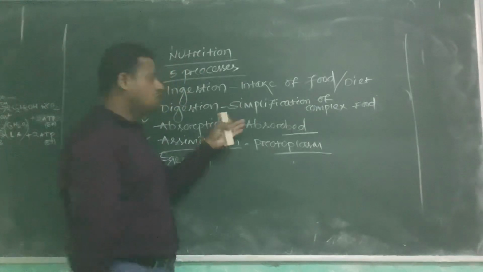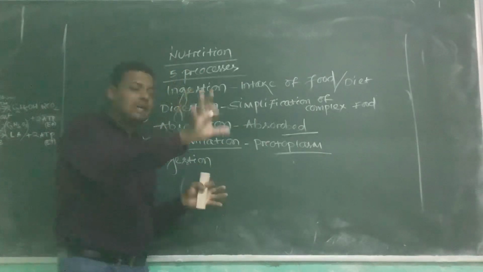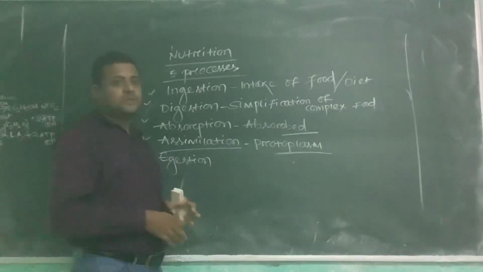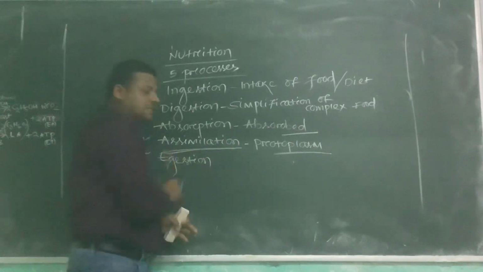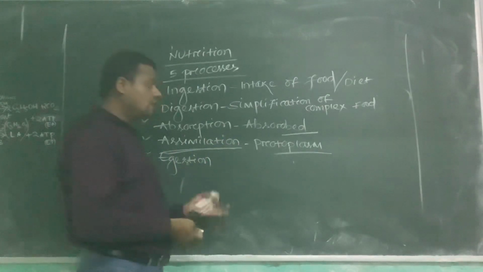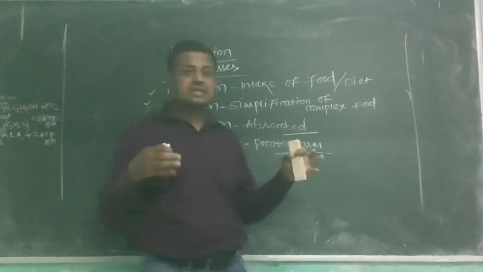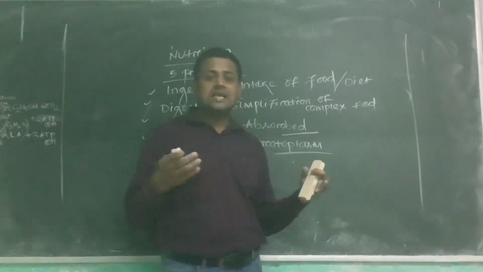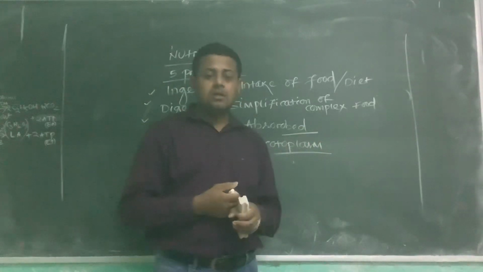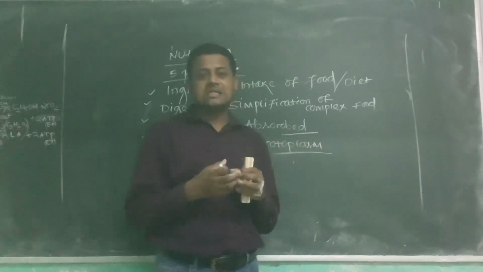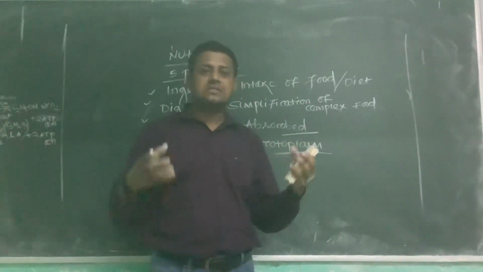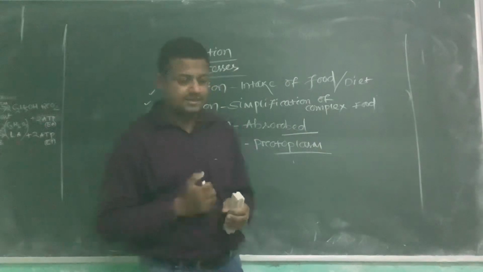So here, the simple food components are converted into the protoplasm of the cell. The process is called assimilation. While the simple food components inside the cell are oxidized to produce energy, they also help in the growth of cells or tissues or organs.